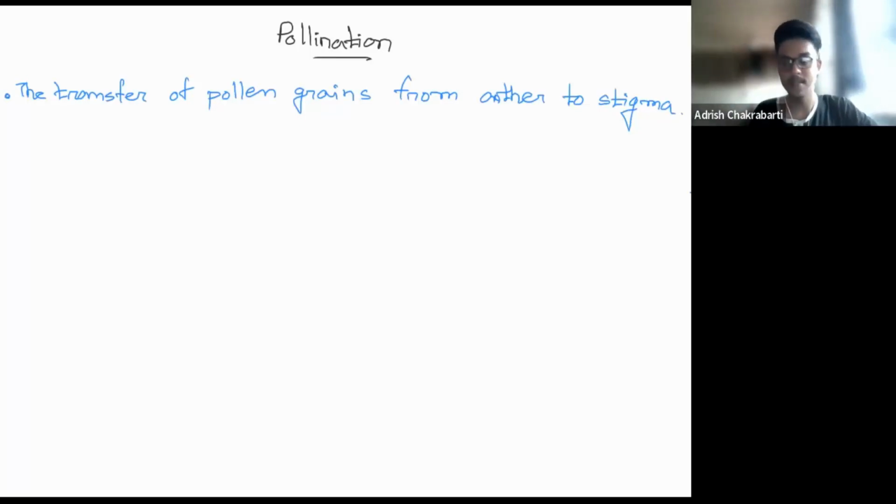As I've already discussed, neither the pollen grains nor the ovum are capable of locomotion. So there has to be some agents, the pollinators or the agents of pollination, which we're going to study next. The process by which the pollen grains are transferred from the anther to the stigmatic surface is pollination. Okay, so next, coming to the types of pollination.